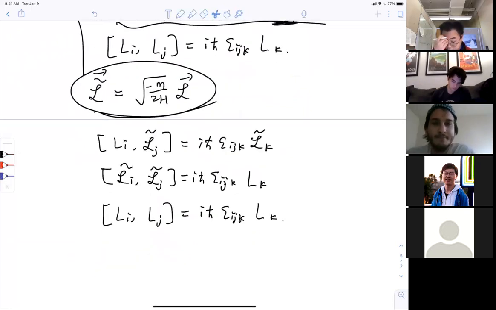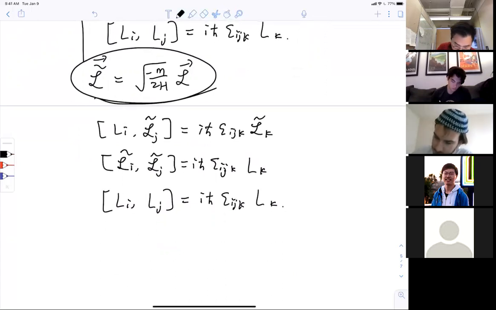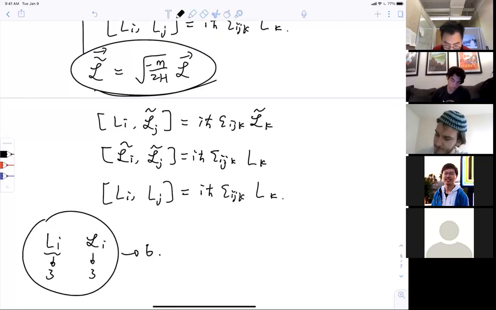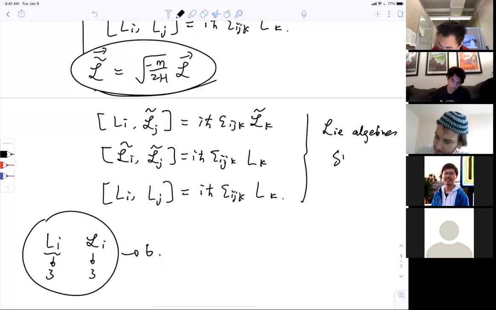Okay, so there are 6 generators. You can see they form a closed algebra. There are 3 of them, and this kernel L also 3. So the total is 6, and they form the Lie algebra of SO4.